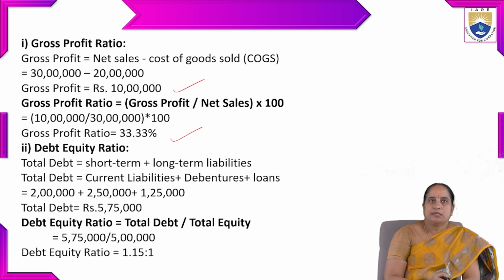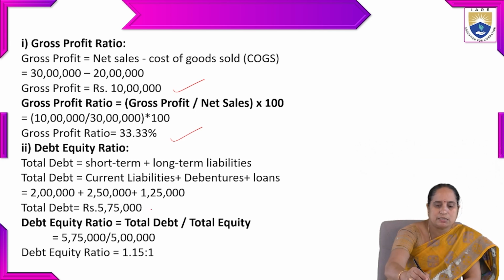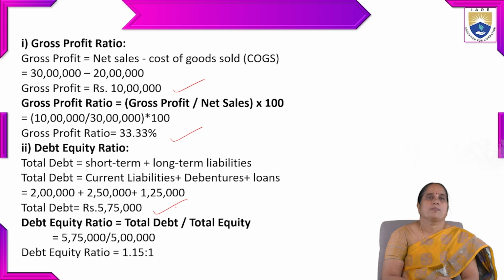Total debt can be found by taking into consideration short term plus long term liabilities. Short term means current liabilities, plus debentures plus loans. So current liabilities 2 lakhs plus debentures 2 lakh 50,000 and loans 1 lakh 25,000. So our total debt becomes 5 lakh 75,000 rupees.